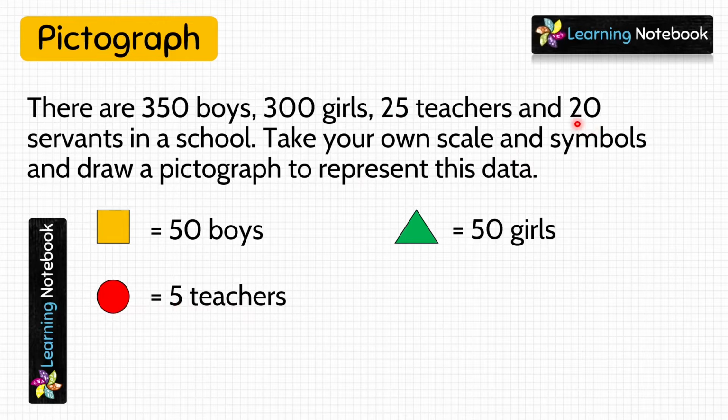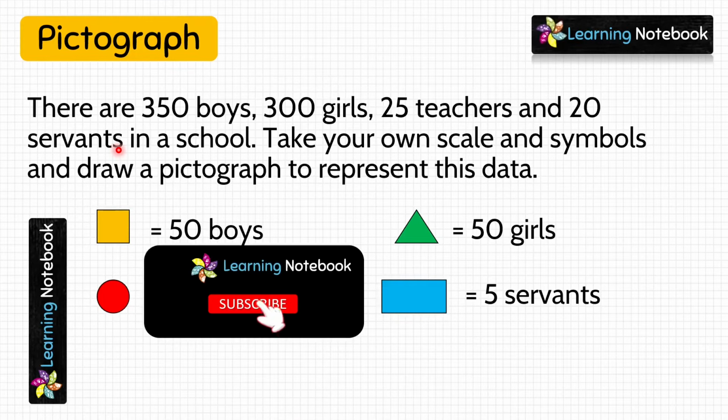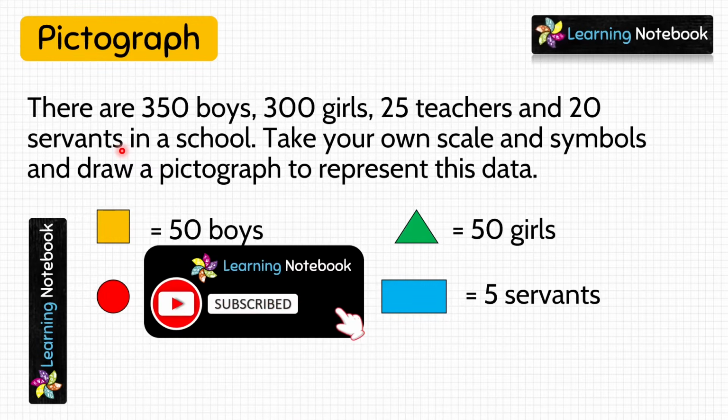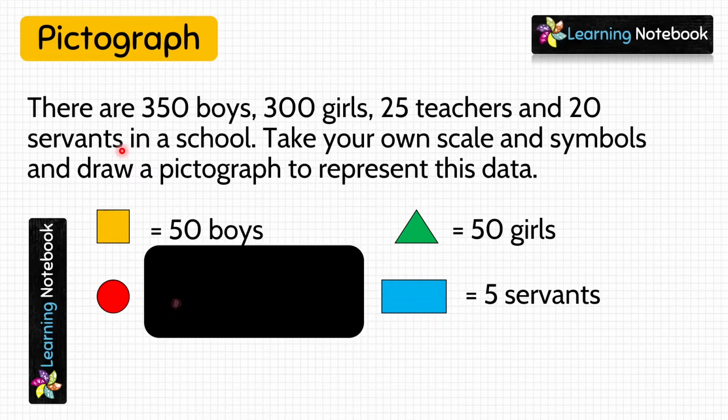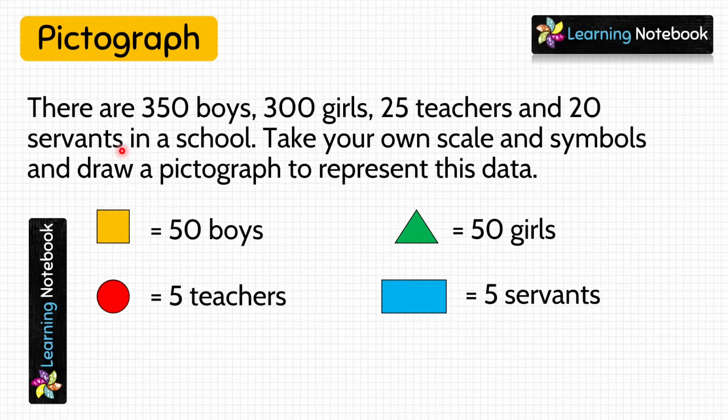And lastly, we have 20 servants. So we can take the same scale as teachers but different picture. So let's take a rectangle to represent servants and each rectangle is going to represent 5 servants.